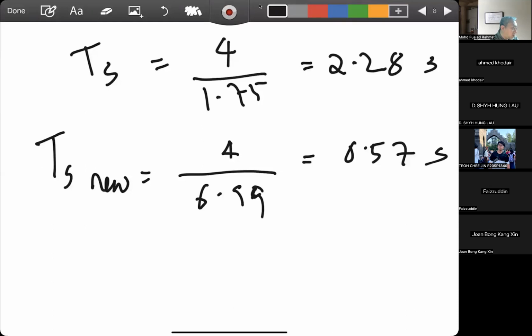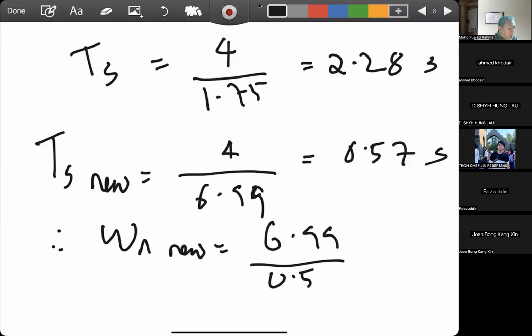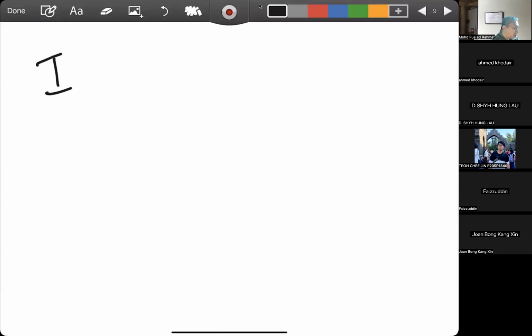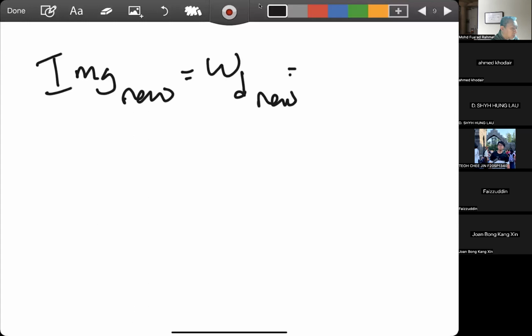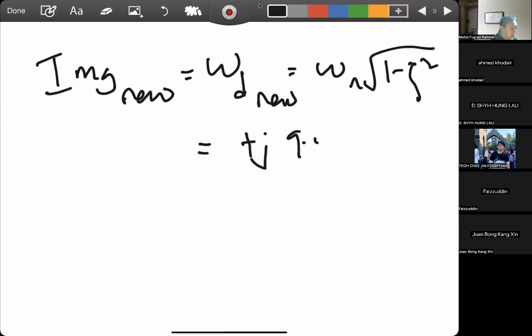So therefore, the omega n new, with 6.99 maintaining the zeta line 0.59, is 11.847 radian per second. Then the new imaginary part, which is omega d new, is omega n times the square root of 1 minus zeta square, which will give you plus j 9.55.